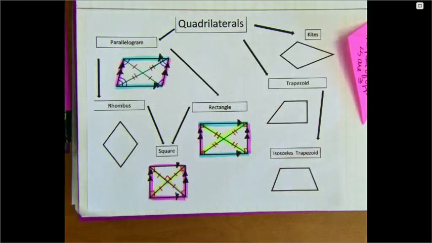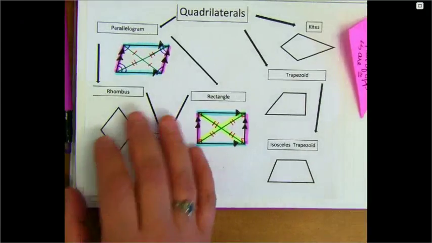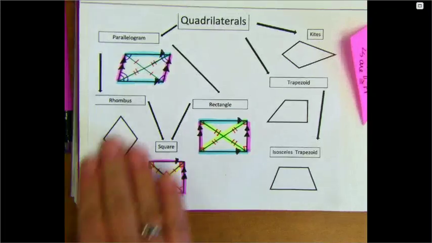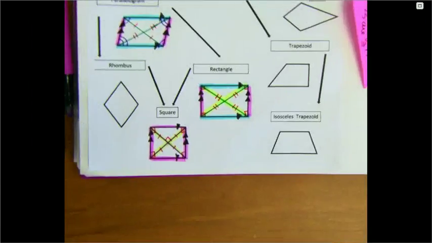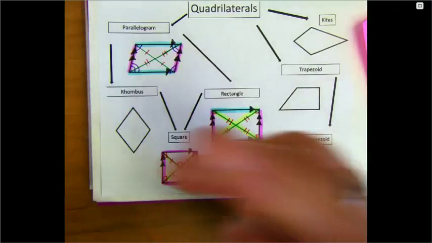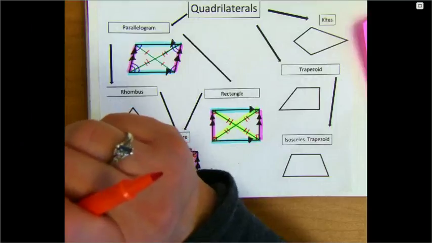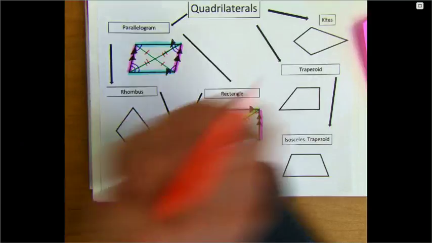What do the diagonals do to your angles? What do diagonals do to your angles? Nothing? What do diagonals do to your angles? Did we talk about it? I think I did. No?